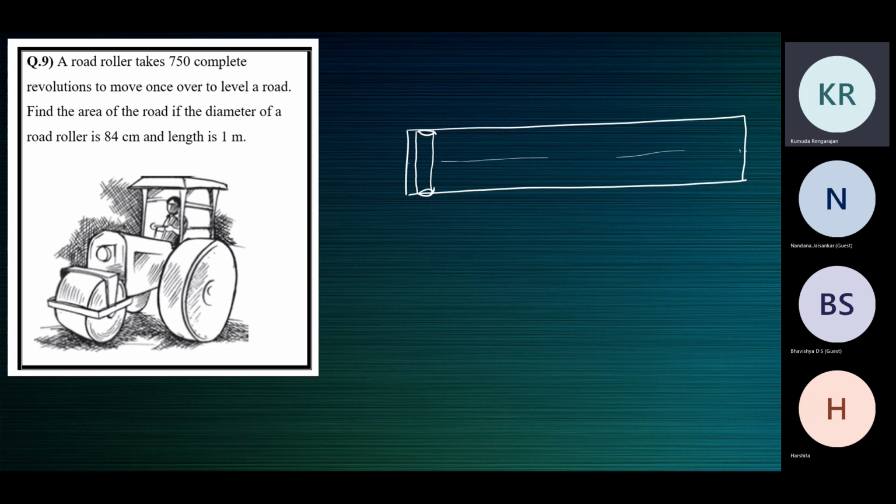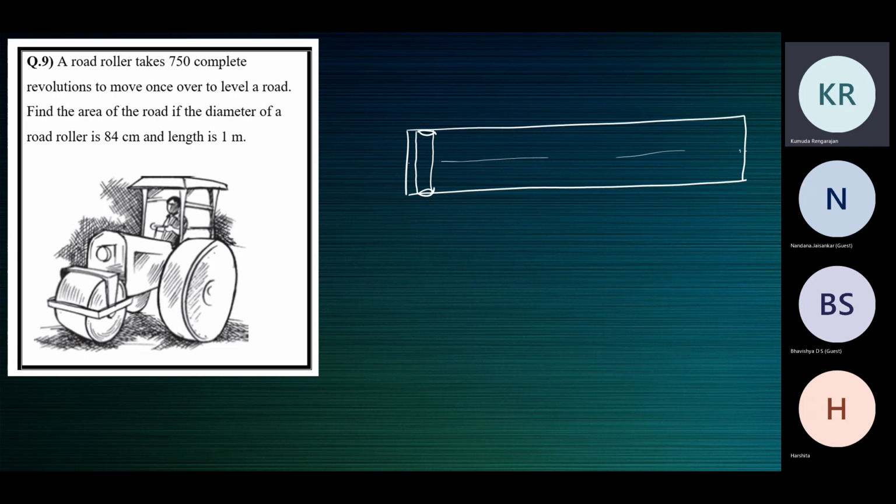So the area of the cylinder that comes in contact with the road is the curved surface area. The area covered in one revolution is the curved surface area of the cylinder.